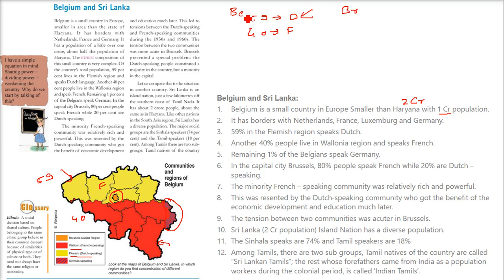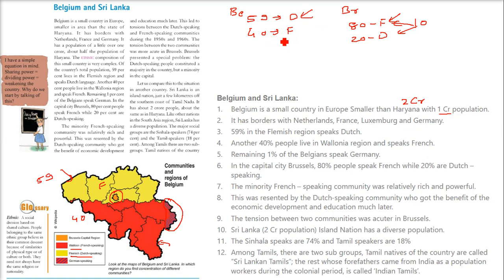When you talk about Brussels, then 80% are French and 20% are Dutch speaking. Now in the whole country the domination is of the Dutch speaking, and in Brussels the French are dominating, that is 80%, around 10, 8 are French and 2 are Dutch speaking.